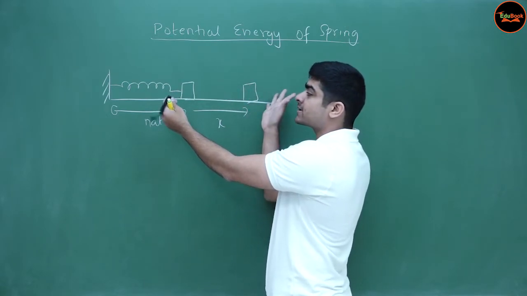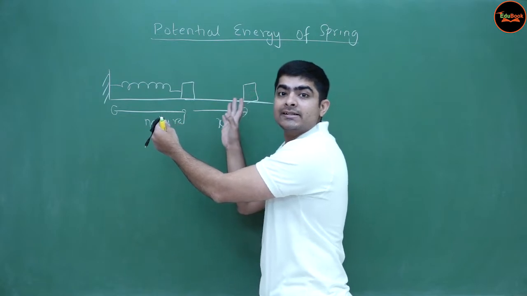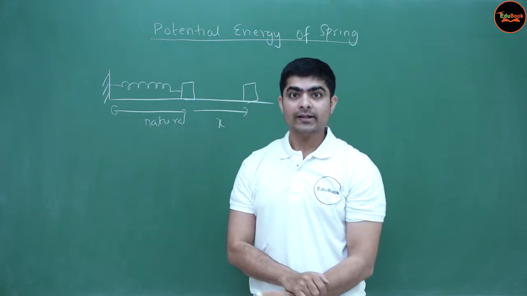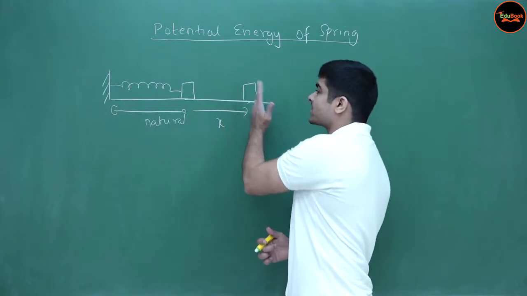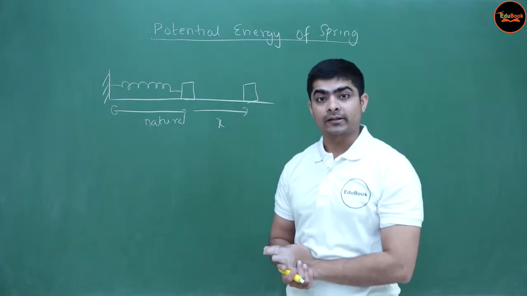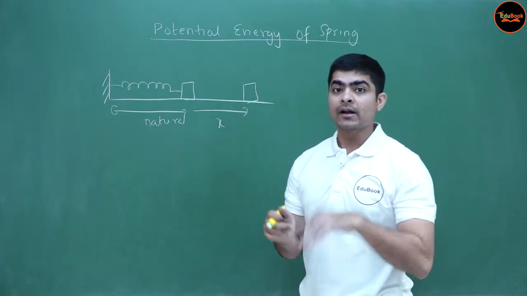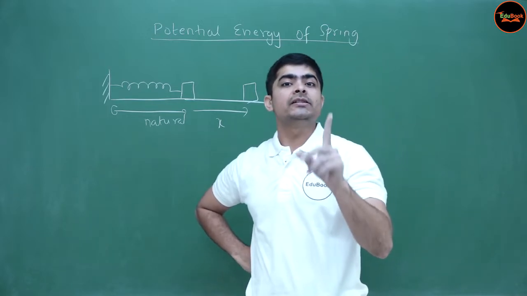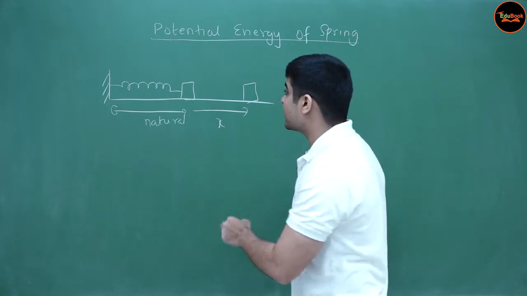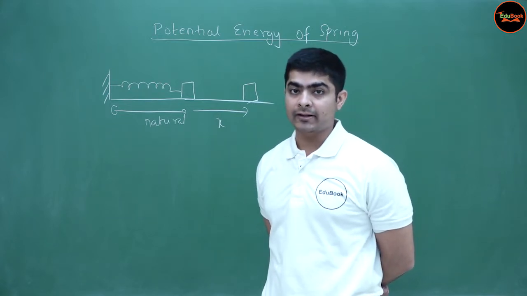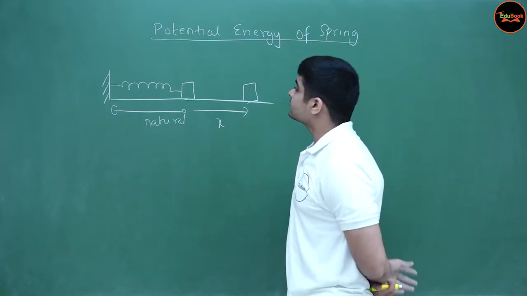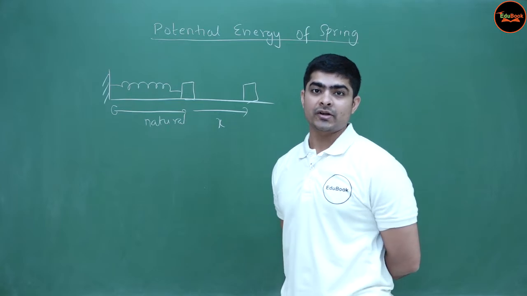As soon as you release the system, it gains kinetic energy, correct? In this position the block and the spring together have some potential energy. I told you potential energy is defined for a system. In this case the system is block and the spring. Clear? So how do we find the potential energy of the spring?